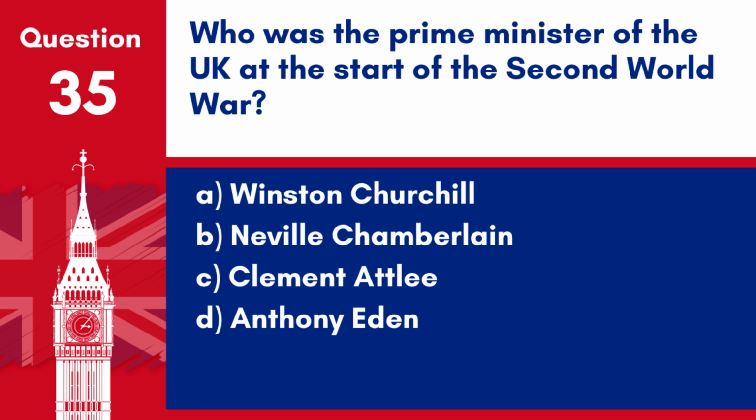Question 35. Who was the Prime Minister of the UK at the start of the Second World War? A. Winston Churchill. B. Neville Chamberlain. C. Clement Attlee. D. Anthony Eden.